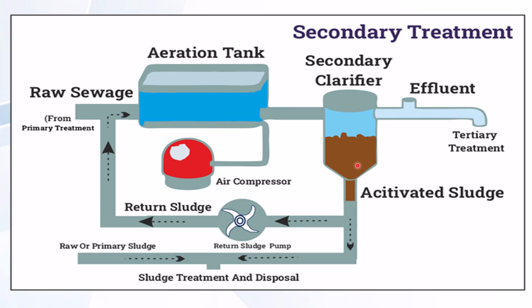From here, some part of the sludge is returned back to the aeration tank to improve its efficiency, about 30% of the sludge is taken, and the other sludge goes for sludge treatment and disposal.